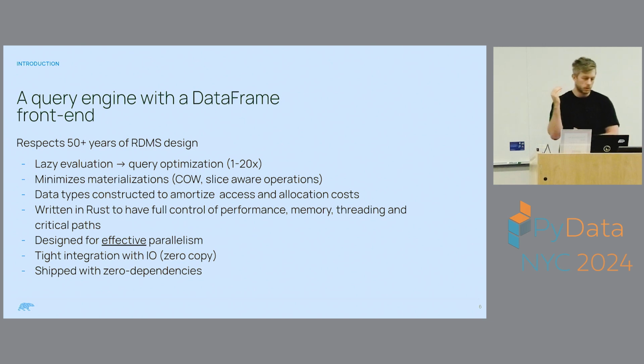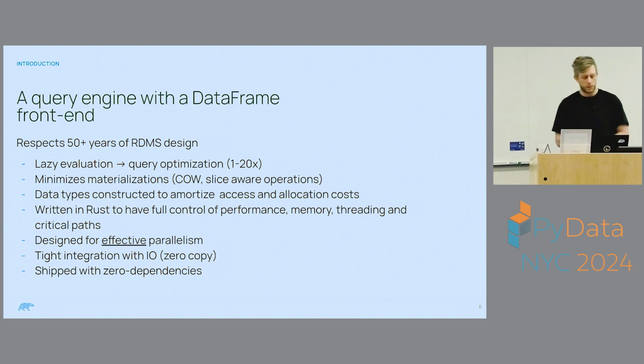And there are tons of things we do. We minimize materialization, we use copy on write, we use slice-aware operations. We have data types that are constructed to amortize access and allocation cost. It's written in Rust. That means we have full control over performance, over memory, over threading, over all the things that matter if you want to do very fast data processing.